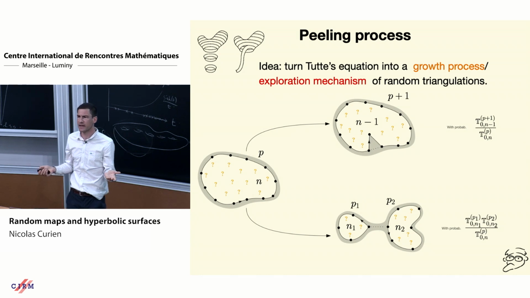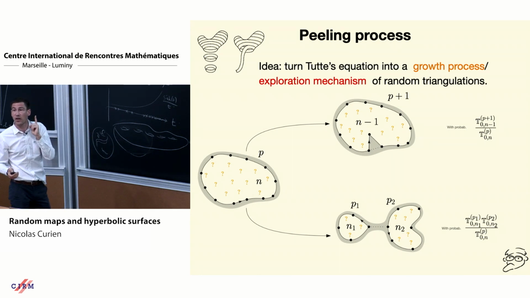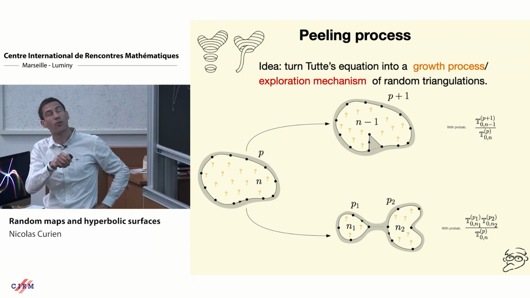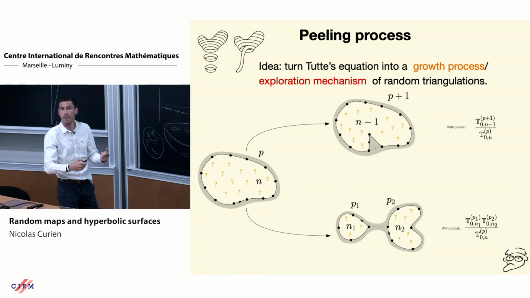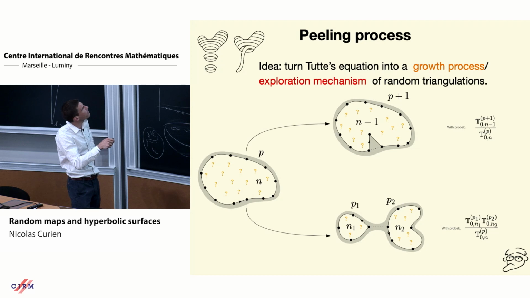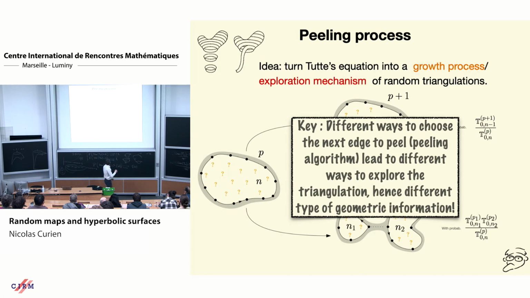Why is that interesting? This is interesting because now we can do something that Tutte did not do: we can choose where to put this arrow, where to explore the map. I wanted to explore this edge here, but I could have explored the edge here. Put in different words, I have different ways to choose the next edge to peel.